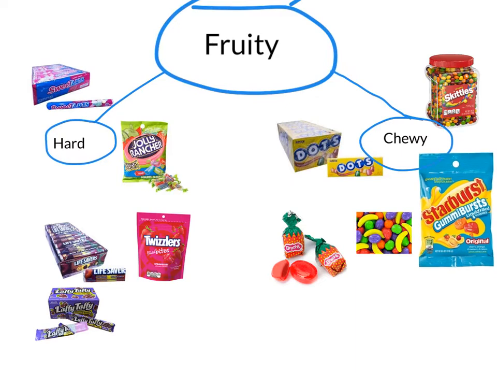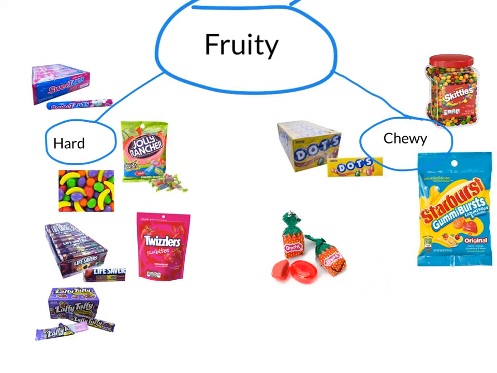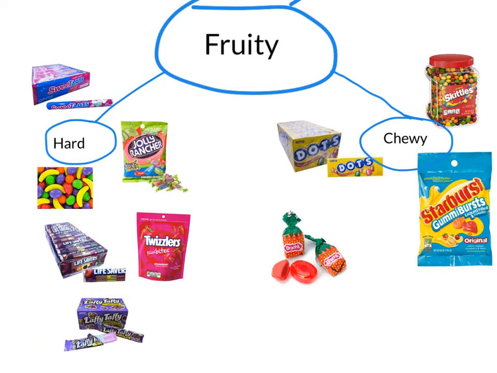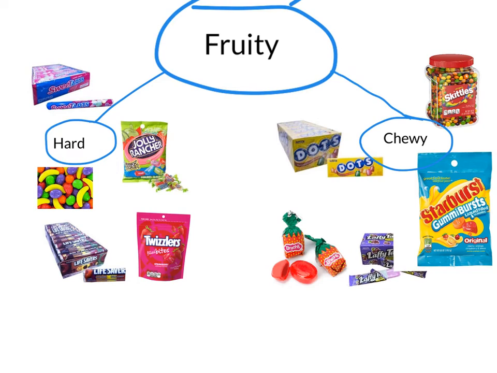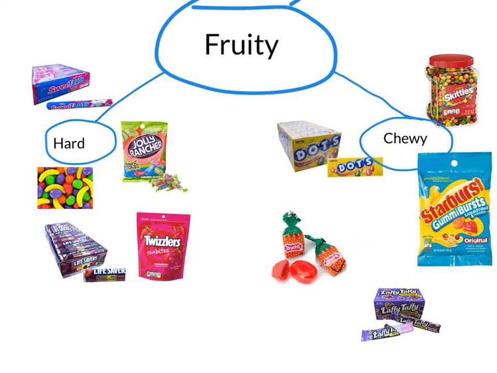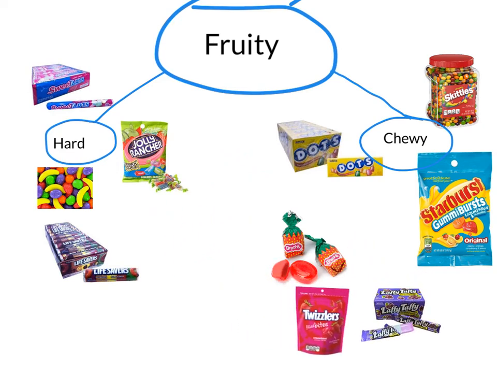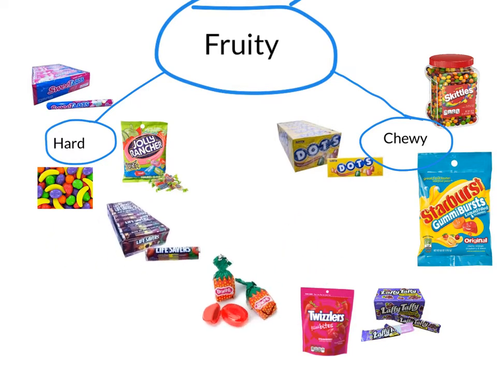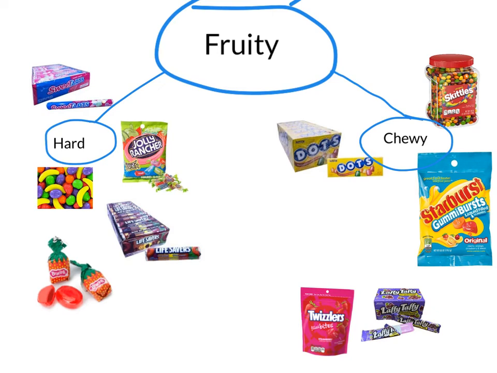These Starburst Gummy Bursts, those are pretty chewy, but these are like Runts. Runts would be hard candy. I've also got some Laffy Taffy, some Twizzlers Bites, some Lifesavers, and these weird little things that my grandma always had.